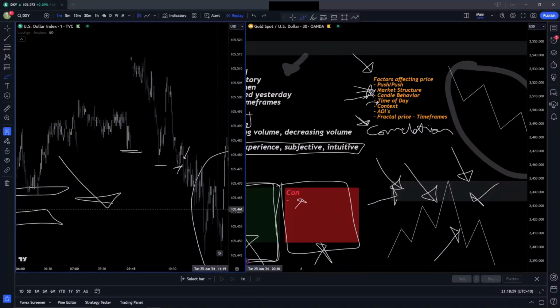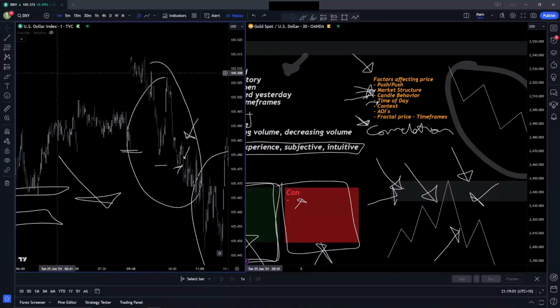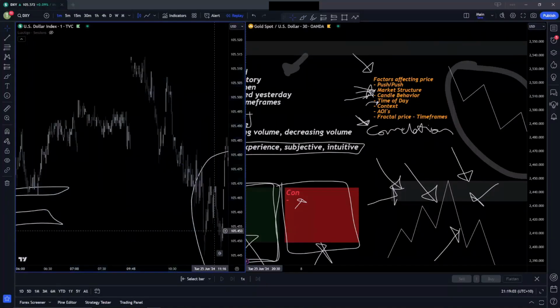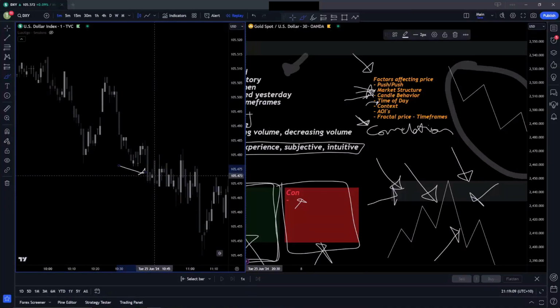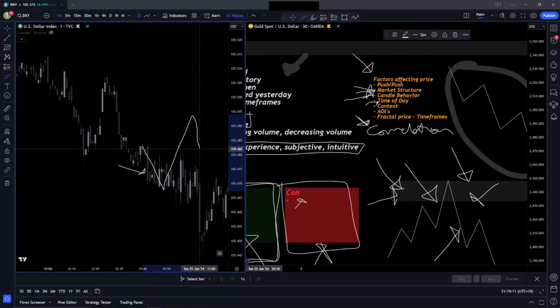If I'll just remove all this. If I was in a gold trade and let's say you had this bearish move down here where I was entering that buy, you had something like that, I would look to aggressively manage my gold trade.